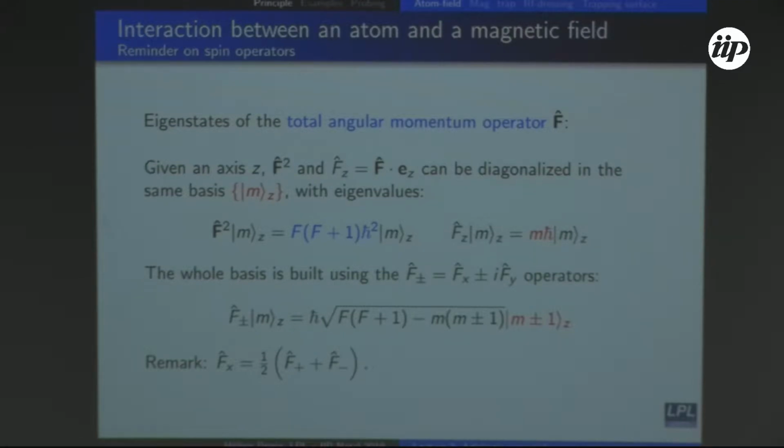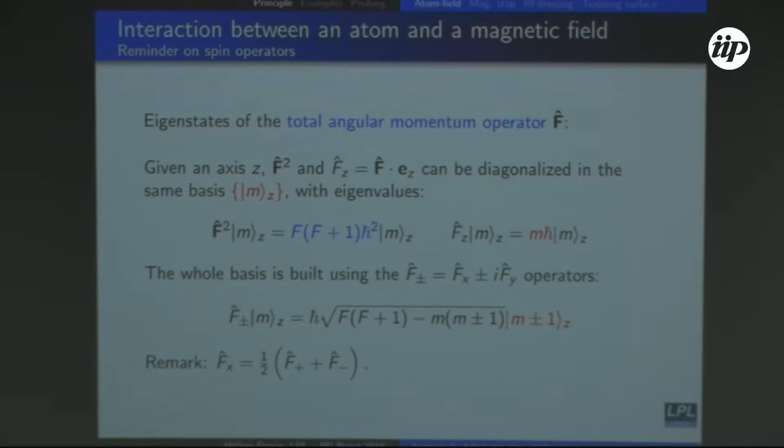So low radio frequency means between, let's say, a few tens of kilohertz to a few tens of megahertz in the case I will discuss here. But this is also true for hyperfine coupling, which are in the gigahertz regime.